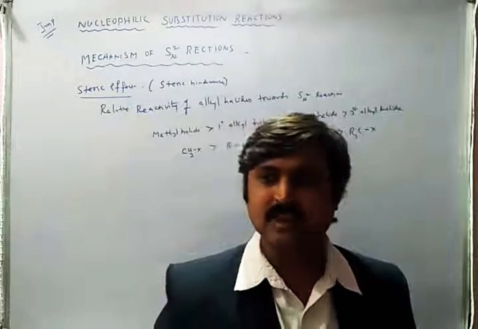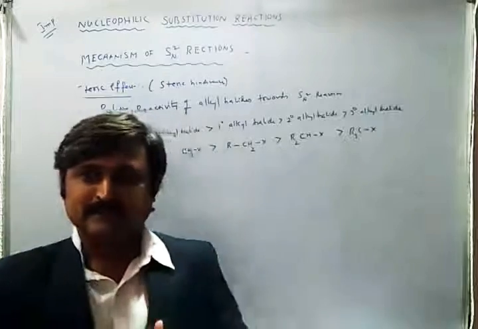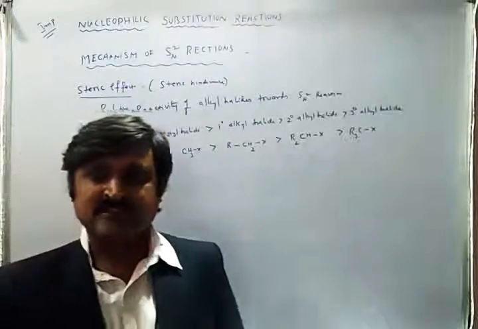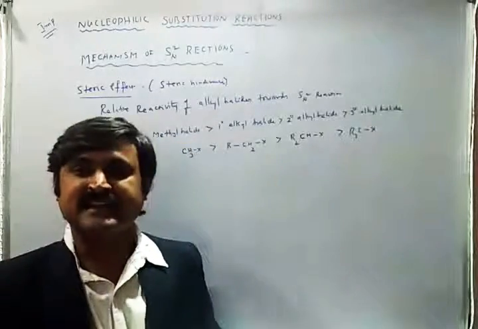It is not just the number of alkyl groups attached to the carbon undergoing nucleophilic attack that determines the rate of Sn2 reaction. The size of the alkyl group is also important. That is the meaning of this entire steric hindrance concept.